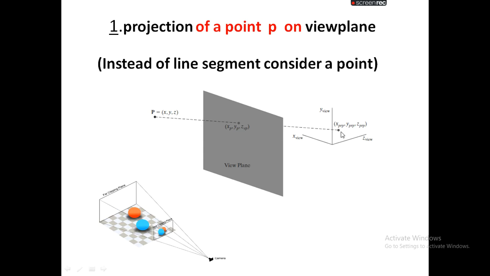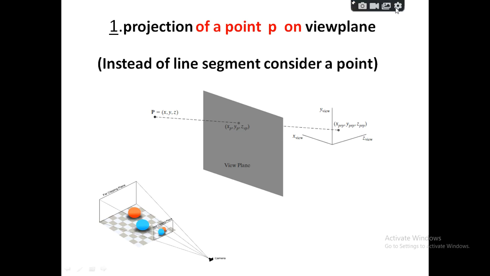So here we have the projection reference point, which I call capital R. Its three coordinates are x prp, y prp, z prp. This is the origin of the camera, you can think of it that way.